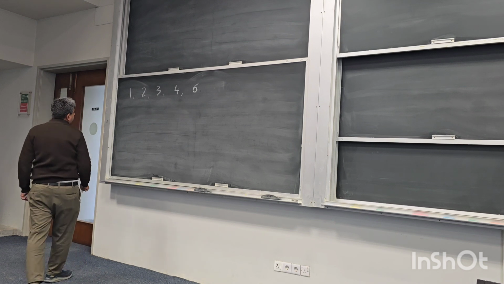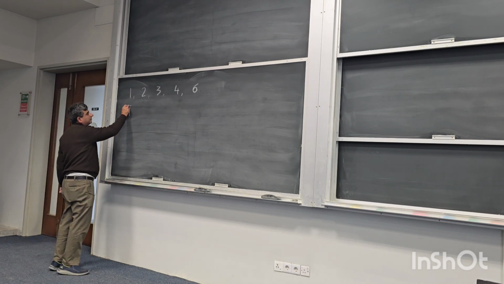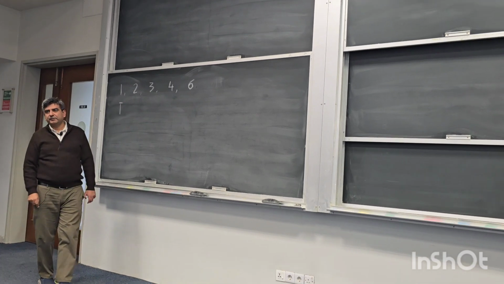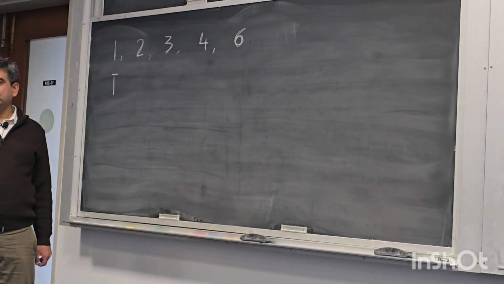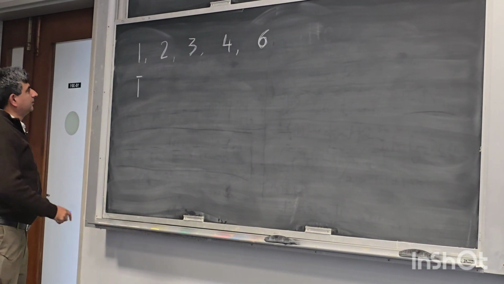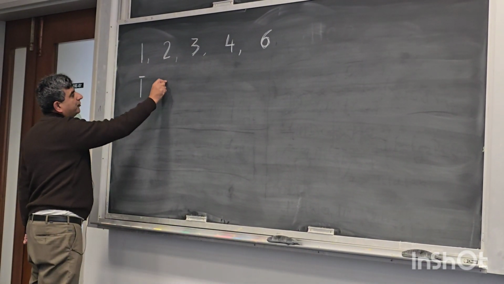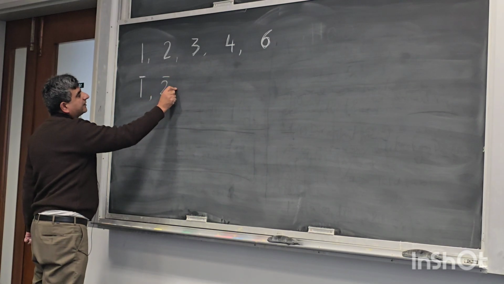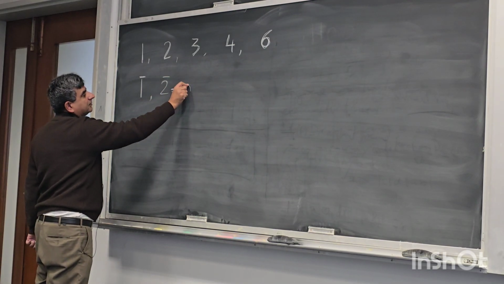And then we have 1 bar, which is an inversion about a point. We have 2 bar, which is the same as a mirror operation.